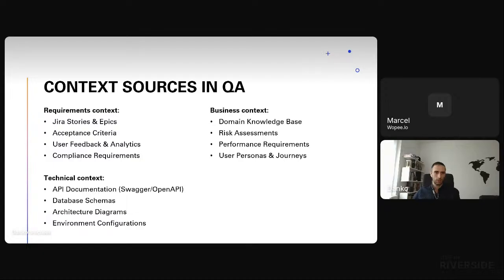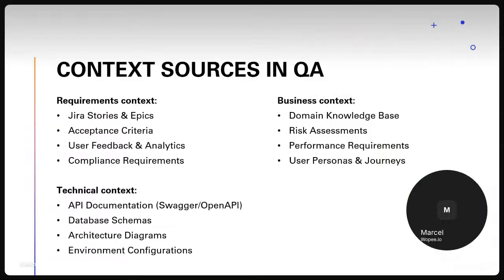So much about context in QA. Where does the context come from? We have a requirements context like Jira stories and epics, acceptance criteria, user feedback, analytics, and some requirements that go along with those stories.